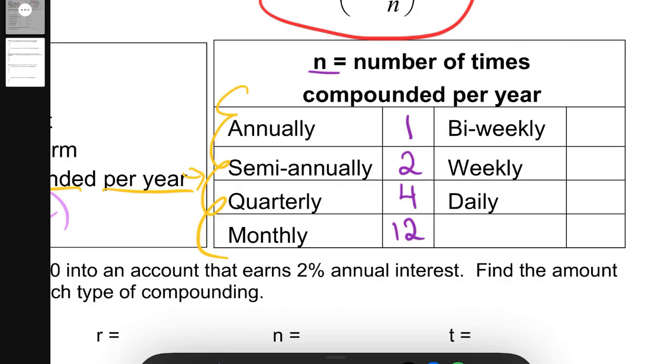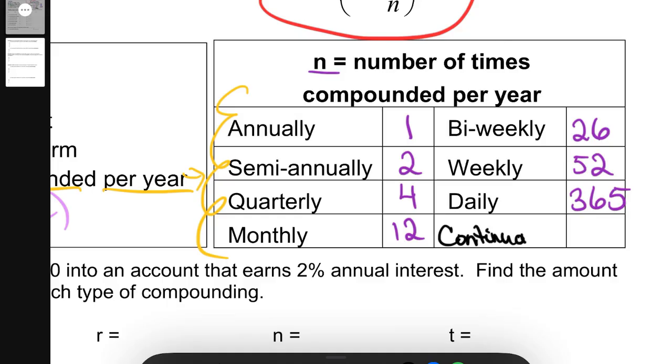Monthly, 12 months in a year. I'm going to skip to weekly because there are 52 weeks in a year. Bi-weekly means every 2 weeks, so that's 26. Daily would be 365.